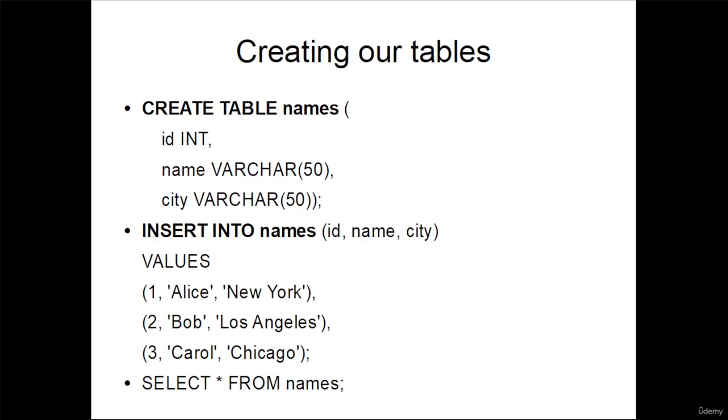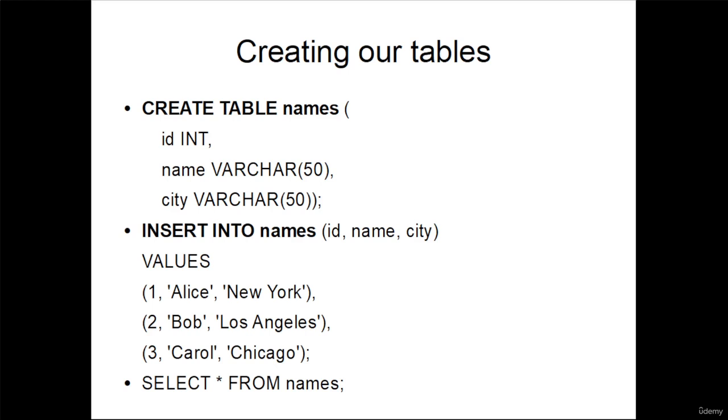Now that you have created the persons database, it is time to add a table to store data. Tables are like spreadsheets, organizing your data into rows and columns. In Postgres, we use the create table command to define a table's structure. Here is an example that creates a table called names.